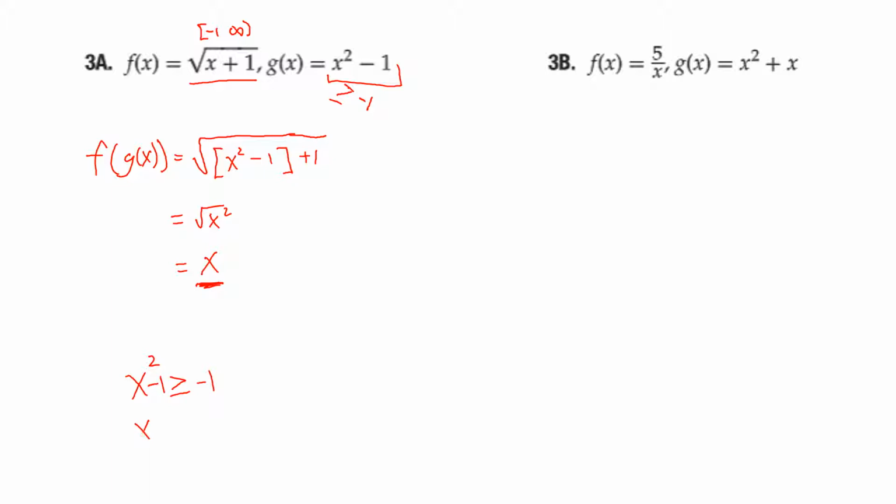That means x squared is greater than or equal to 0. That means x has to be greater than or equal to plus or minus 0, which is the same as 0. So my domain for this function is going to be from 0 to infinity. Even though it's defined everywhere, I have to limit the function because of my f of x, because this was limiting.